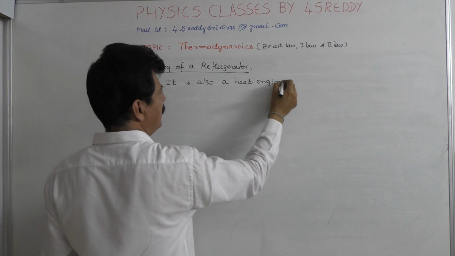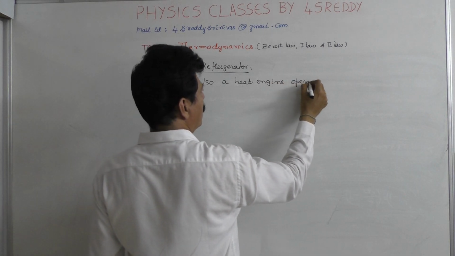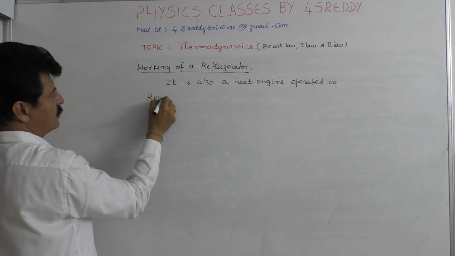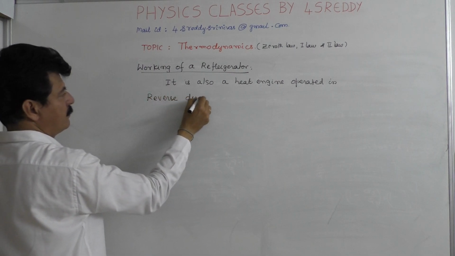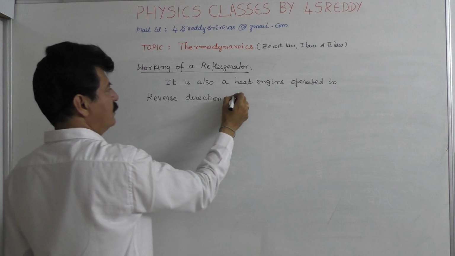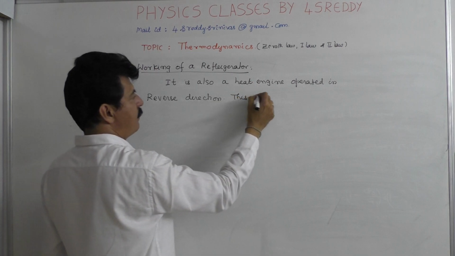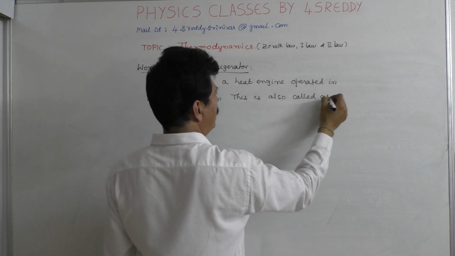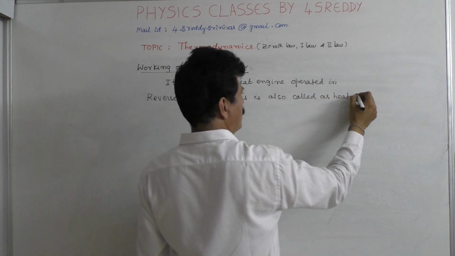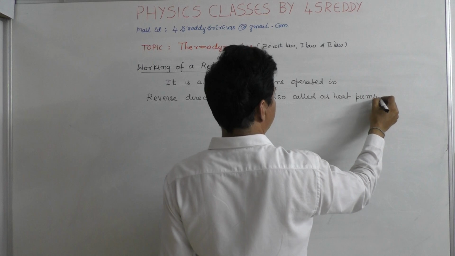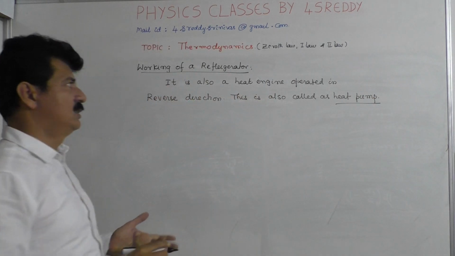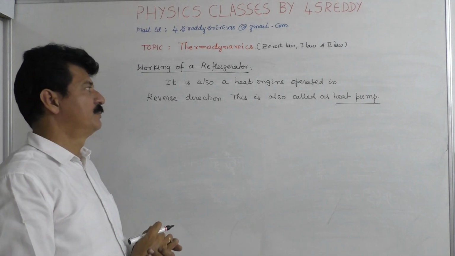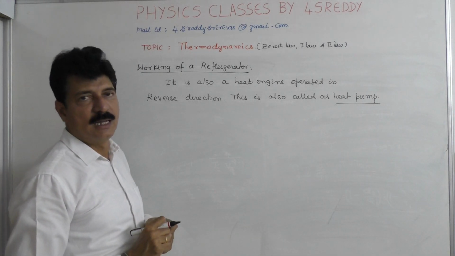It is also a heat engine operated in the reverse direction, and it is also called a heat pump. So it is a heat engine but operates only in the reverse direction. This is also called the heat pump.